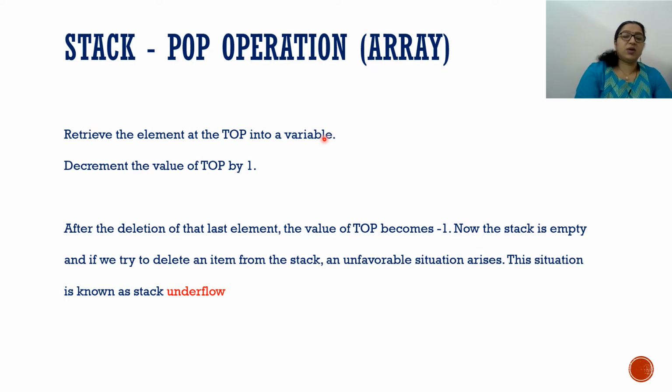Then what is the next step? Decrement the value of top by 1. If you deleted the topmost element, then the top is focusing on which element? Just below that element. So we want to decrement the value of the top by 1. Only these two steps are needed when you are popping an element.